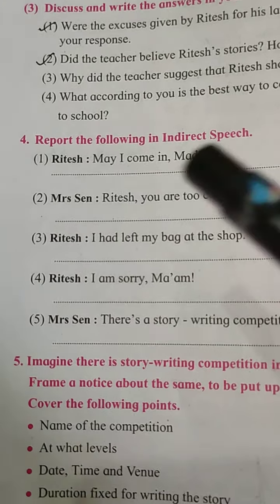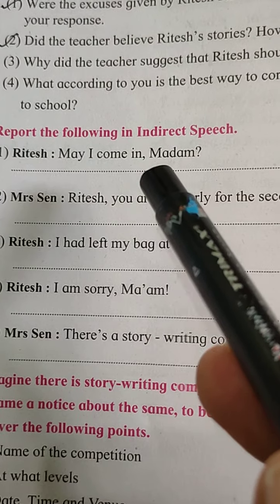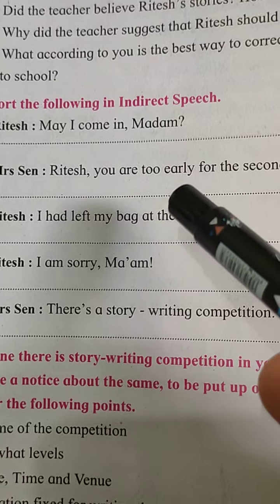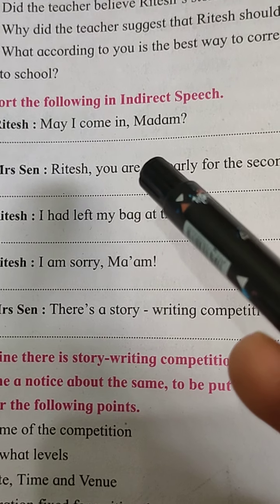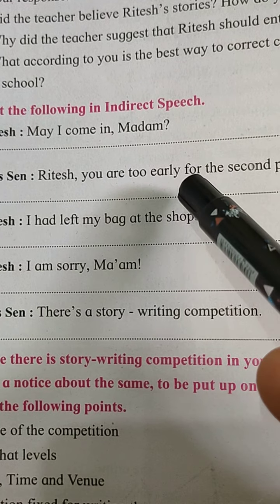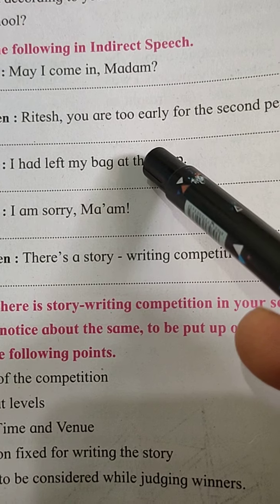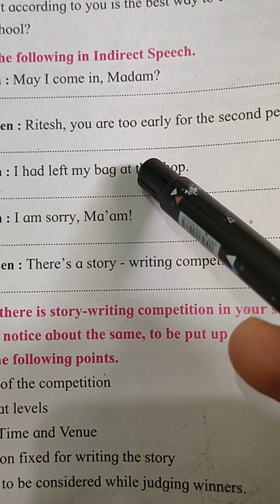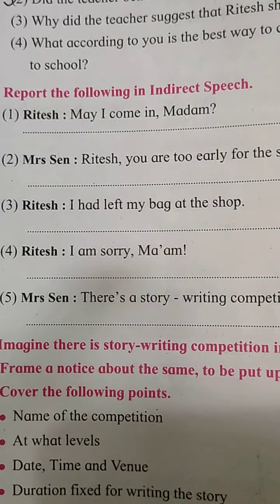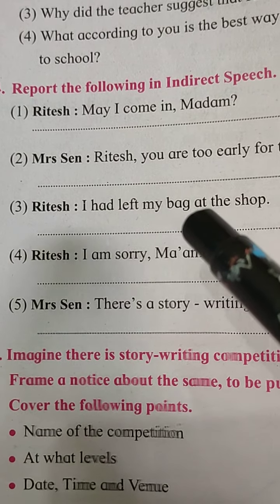Report the following in indirect speech. Ritesh: May I come in, madam? Ritesh requested the teacher if he could come in. Mrs. Sen: Ritesh, you are late, too early for the second period. Mrs. Sen told Ritesh that he was too late for the second period. Ritesh: I had left my bag at the shop.